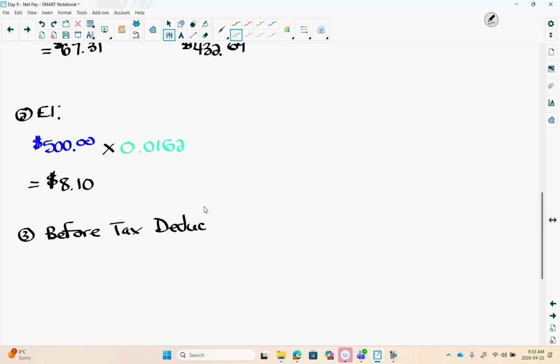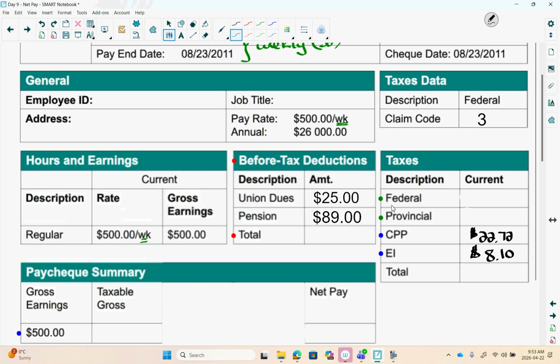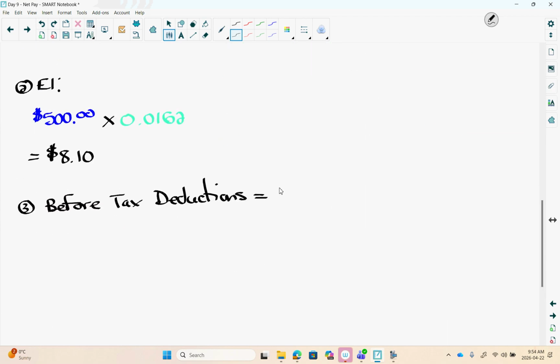You're just going to look at that section of the pay stub. And in this case, there's only union dues and pension. Sometimes there's medical, sometimes there's dental, sometimes there's Canada Savings Bonds. But in this case, just union dues and pension. And I just add those up. Union dues plus pension.